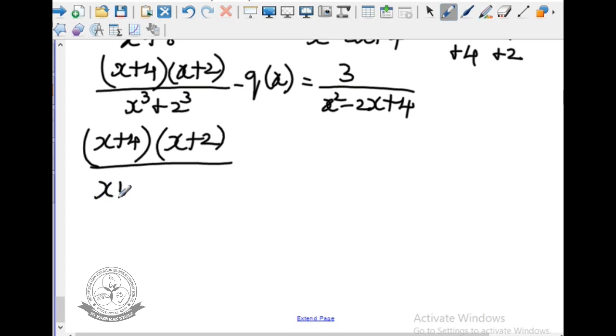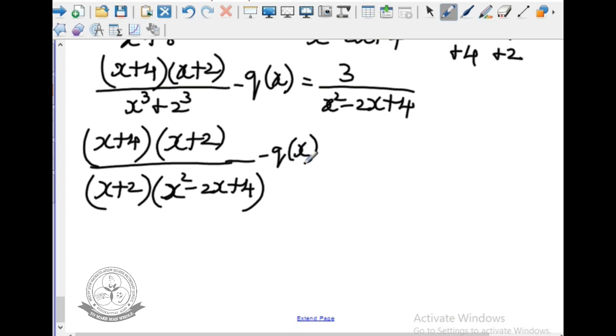So I write it using a cube plus b cube equals a plus b into a squared minus ab plus b squared, so x plus 2 into x squared minus 2x plus 4, minus q of x equal to 3 by x squared minus 2x plus 4.